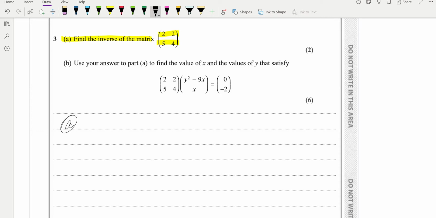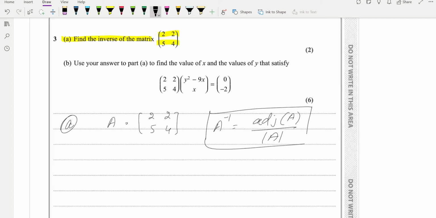For example, if the given matrix is equal to A, then A inverse will be equal to the adjoint of A over the modulus of A. This will be the formula which we will use to get A inverse. For the adjoint of A, we change the location of these two and change the sign of these two. This will give us the adjoint.